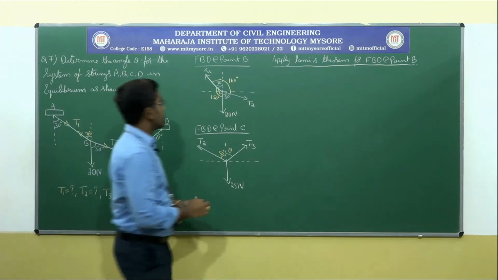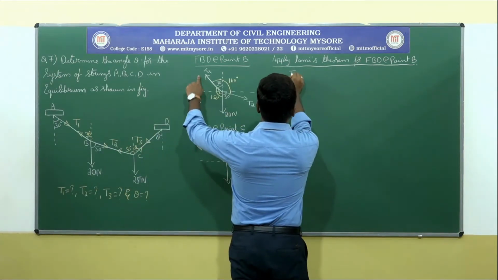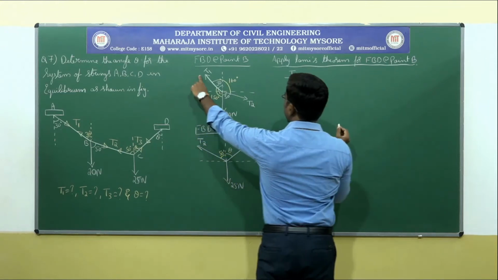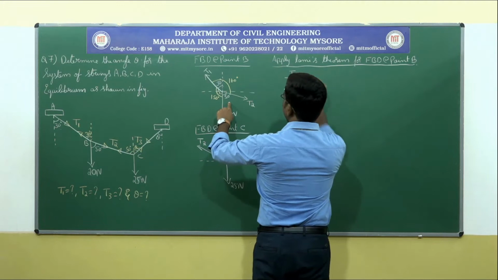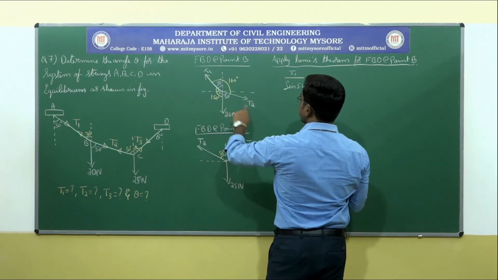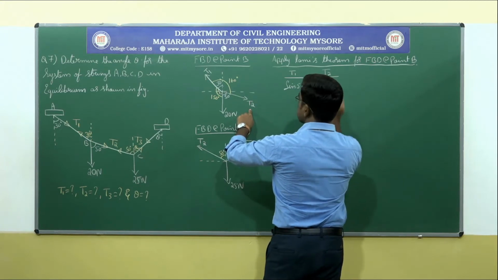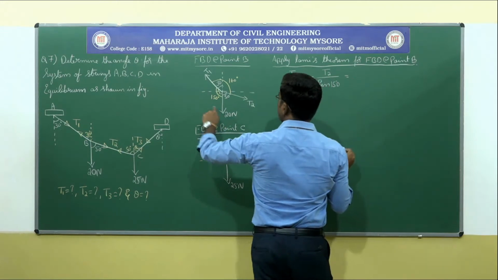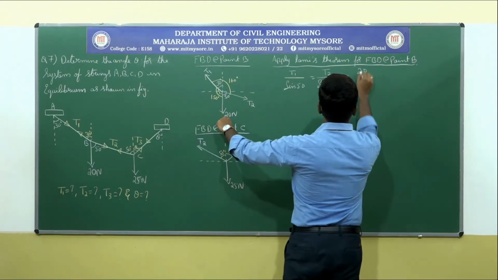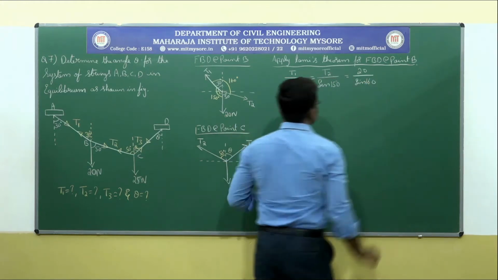Right? Now, T1 is proportional to the sine of 50, T2 is proportional to the sine of 150, and 20 is proportional to the sine of 160.